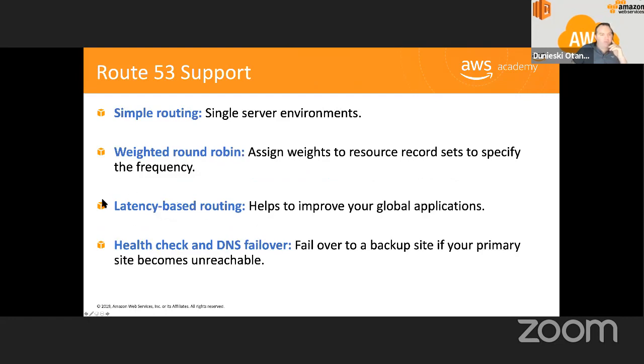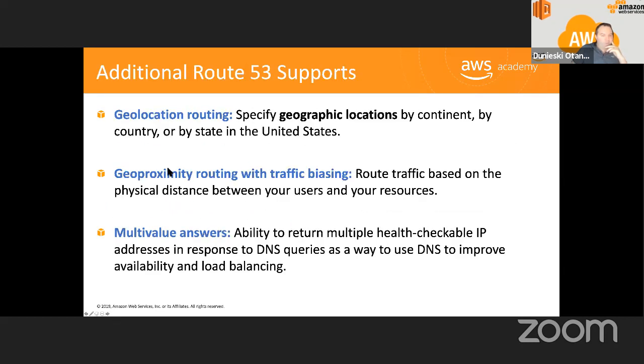It has to do with the speed. Of course, the closer it is, the faster it's going to be, but distance has more to do with geoproximity. So you're going to reroute your users to a place that is closer to where your resources and your users are. So that's basically it, right?